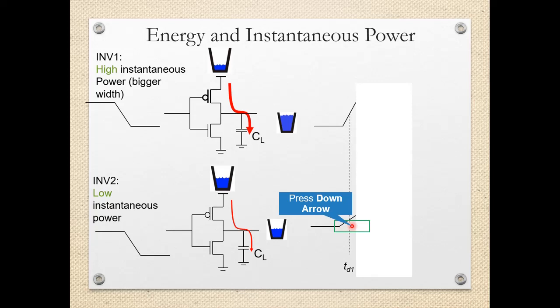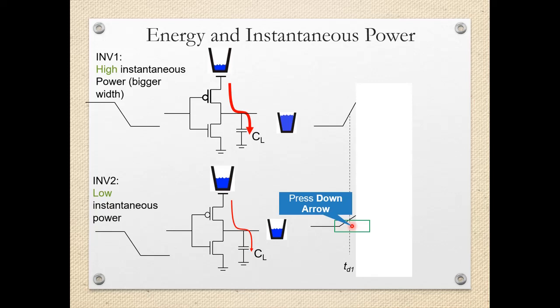Here the MOSFET width is quite bigger, so it can draw more current. Here the MOSFET is very tiny, the width is very small, so it can draw only a small current. So the first device is consuming power at a higher rate or speed compared to the second one. The charging will be there, but it is slow.